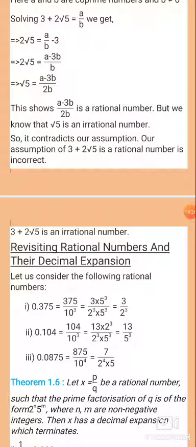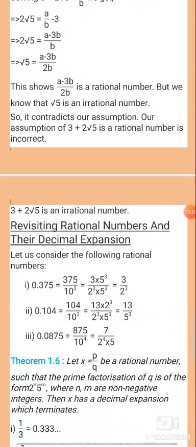So 875 divided by 10 raised to 4. When we find out the prime factorization and cancel, at last we get 7 by 2 raised to 4 into 5.